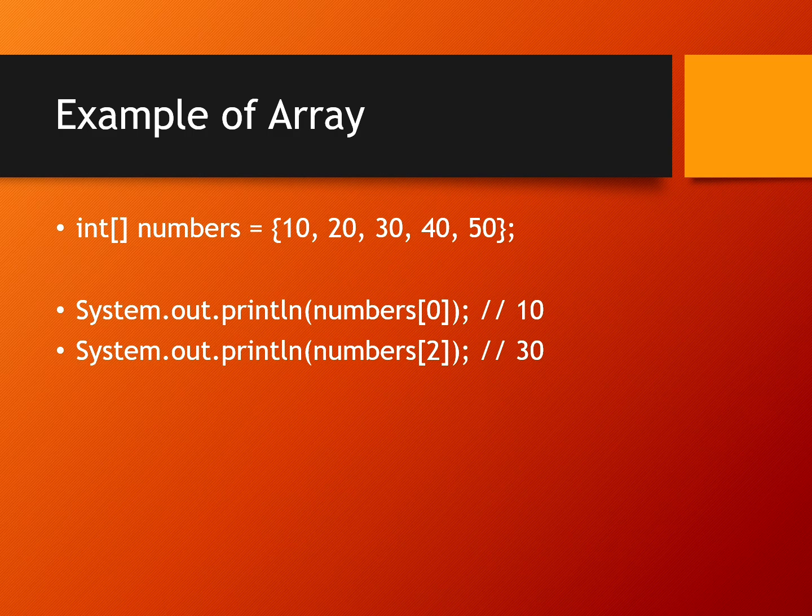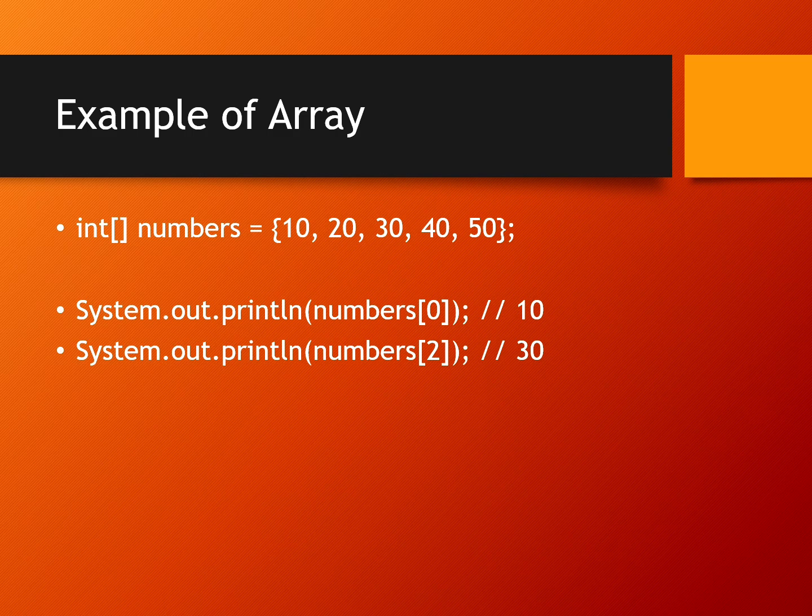Consider that in Java, the index starts from 0 only. So I am going to get the value at index 0. Index 0 holds the value 10, and index 2 will hold 30, right? So this is the concept here.